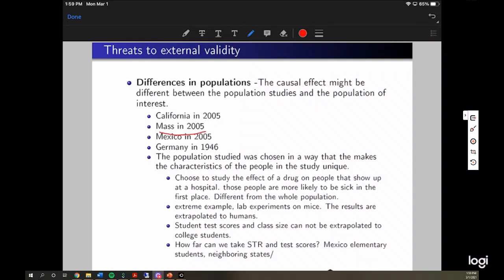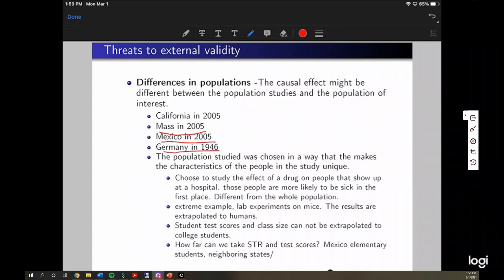Can we extrapolate to elementary schools in Mexico in 2005? That's maybe a little harder to argue, that Mexican elementary schools are the same as Californian elementary schools. There might be some significant differences there that we need to account for if we're going to estimate that relationship in Mexico. How about elementary schools in Germany in 1946?